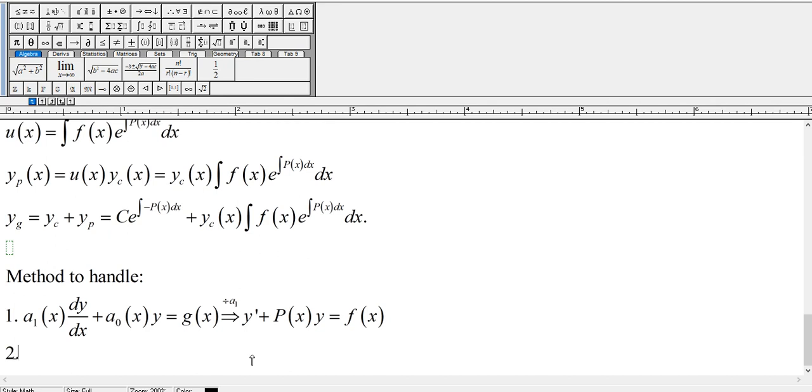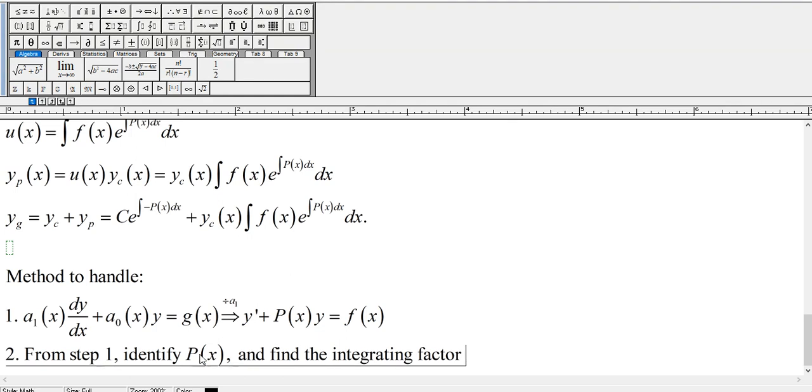So 2. From step 1, right above, okay? Identify this P of X, right? What is that? And what are you going to do with it, okay? And find the integrating factor.